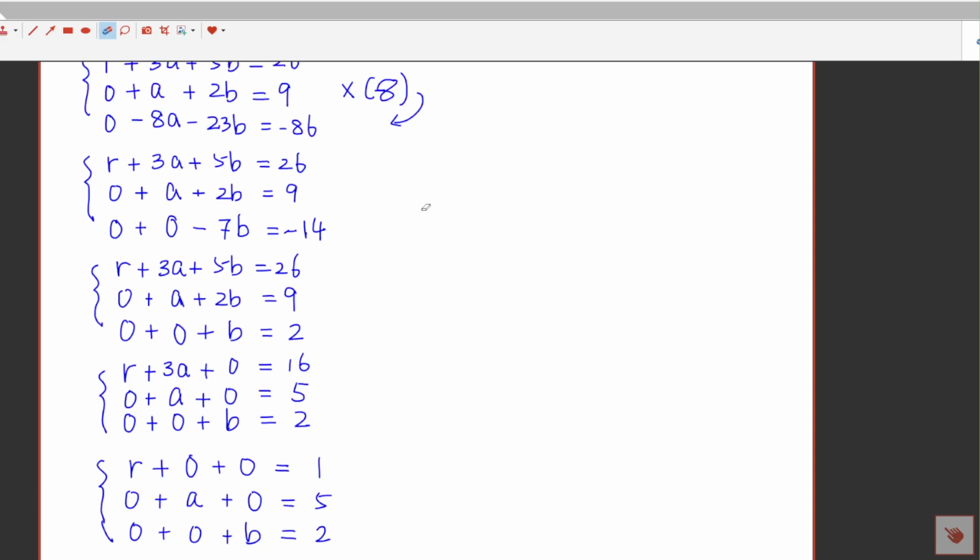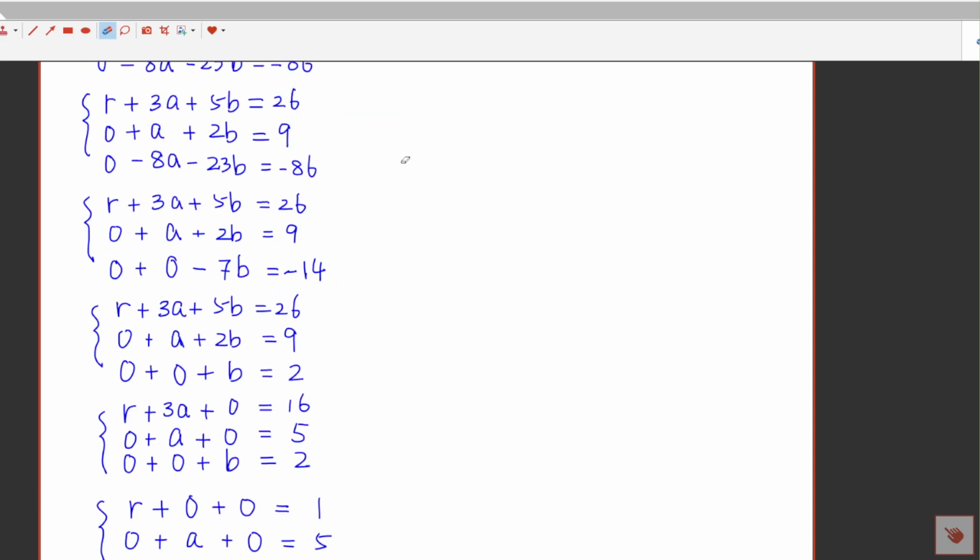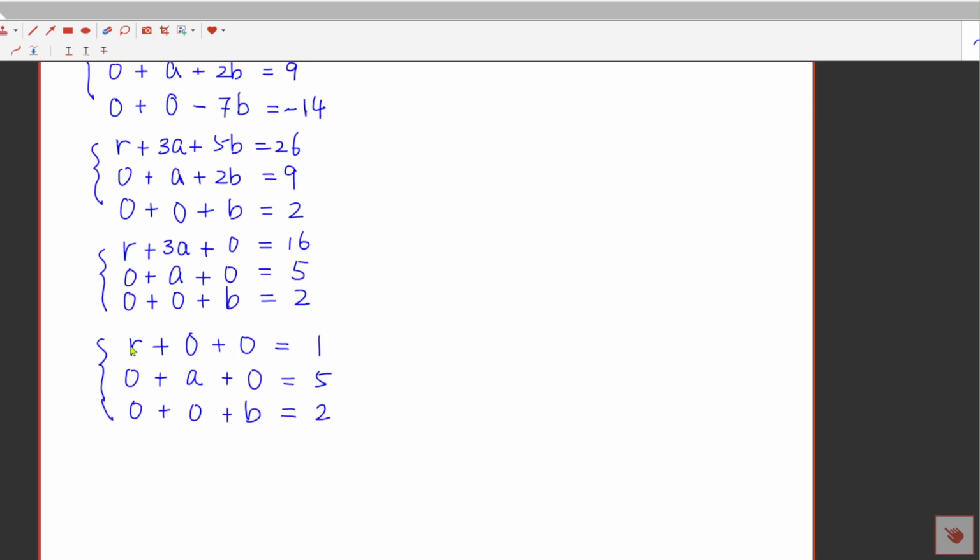If you have any questions, just interrupt me, okay? And therefore, in this system, you can easily solve that r equals 1, right? First one just gives you r equals 1. Second equation gives you a equals 5, and then b equals 2, right? Can you see that?